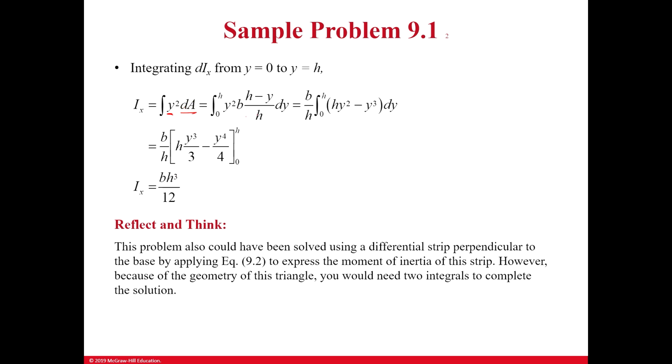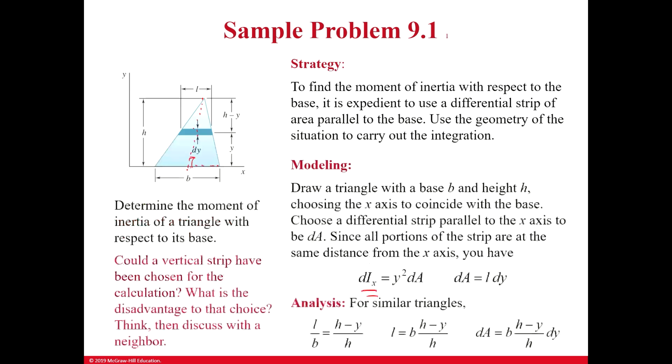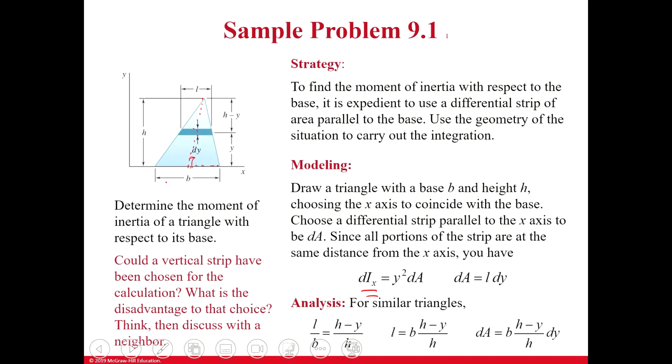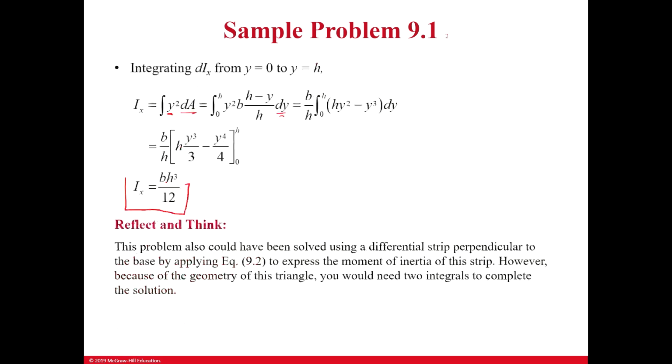Your function is y squared, and you're going to transfer your dA to your dy. That is usually what ends up happening: your dA is going to transfer into a dy times a factor. Integrating this, you get the inertia of that object, which is a type of triangle that is not a right triangle. That inertia is going to be base times height cubed divided by 12. So every time you have a triangle like this, it's going to be 1/12 of base times height cubed.